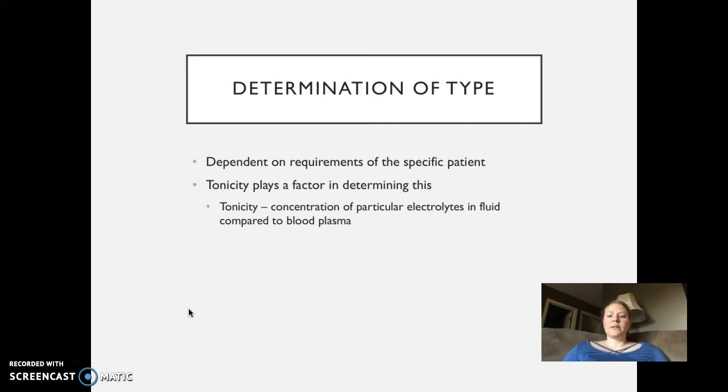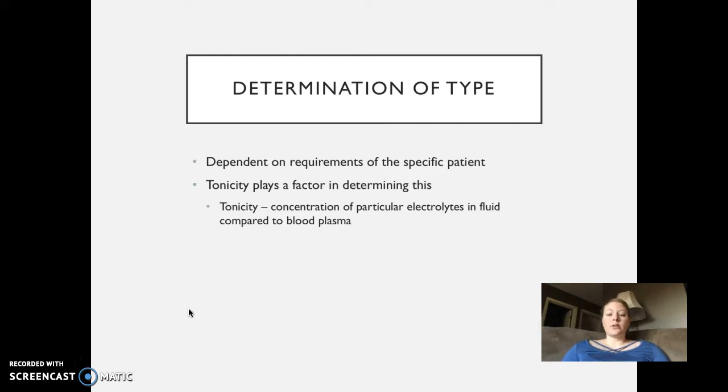How do we determine what type of fluid we give our patients? Well, it's dependent on requirements for your specific patient. Every patient comes into the hospital for a little bit different reason. So depending on whether they have a fluid volume deficit or some kind of electrolyte imbalance, that determines the type of fluid we're going to give our patient.